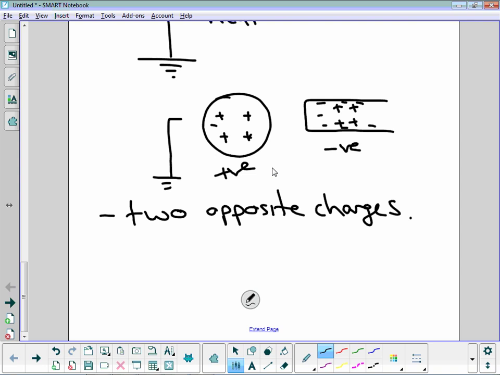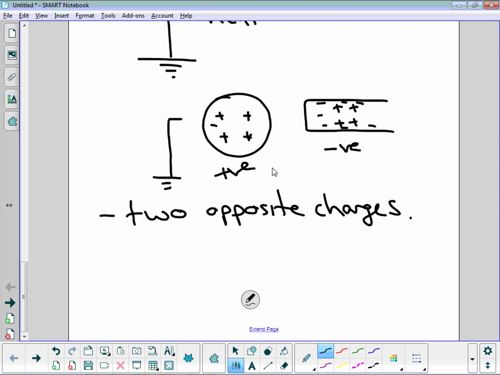You got three options. You could rub them together, you could touch them together, or you could do the induction and grounding maneuver. I've got a positive and a neutral, and I want two positives. What do I have to do with these two things? Jamie?